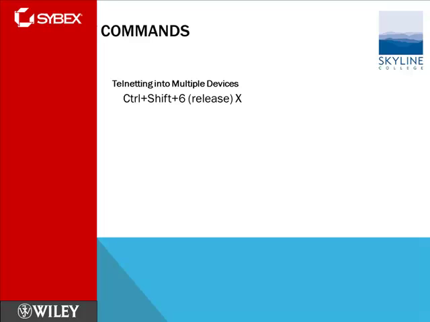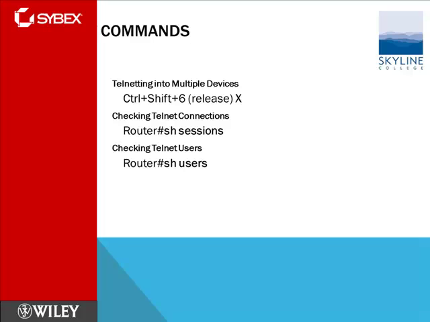And I think there's a couple of exercises to do that. Once you've Telnetted and you want to go back, Control-Shift-6 and then X, you'll come back to the original session. If you're on a machine and want to see who's Telnetted to you, use the show sessions command. Control-Shift-6 X gets you out of a Telnet session, or you can log out of it also.